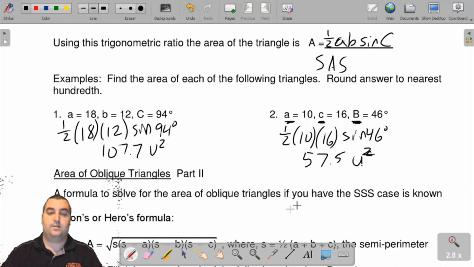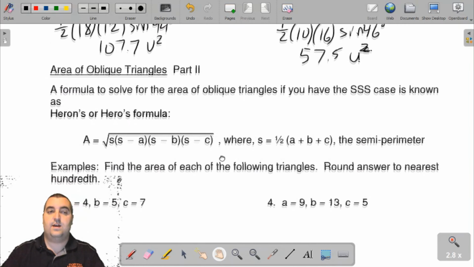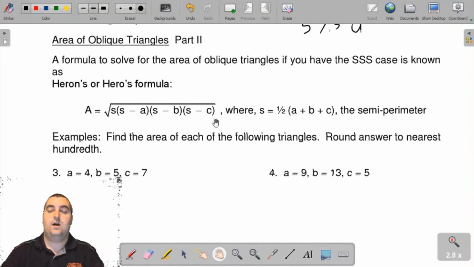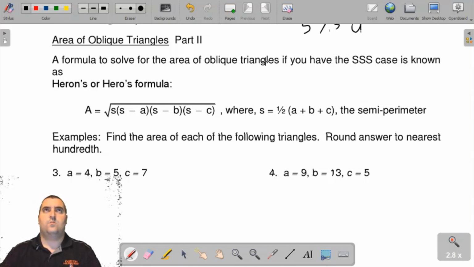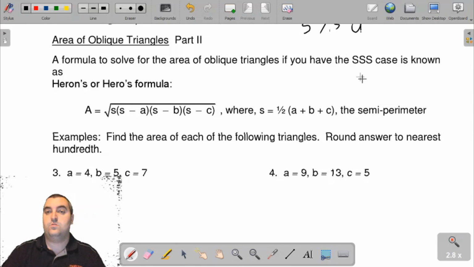The other formula, which we're not going to derive at any point, is really nice because in real life, most of the time you're not going to be able to measure the angle between things, but usually we can measure all three sides.